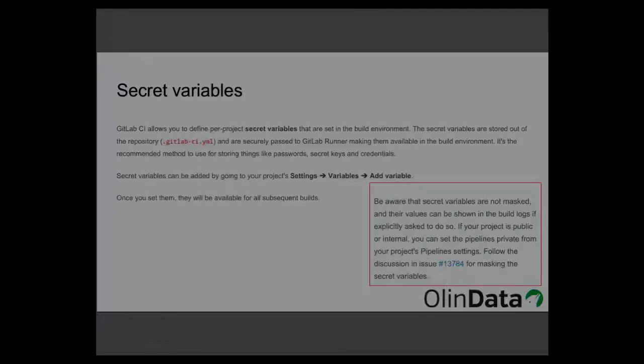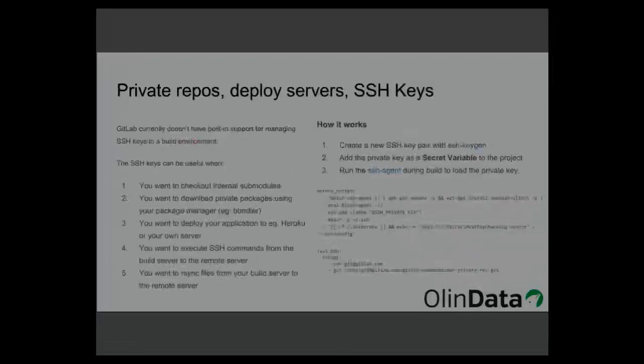To go a little bit more advanced, you'll fairly quickly probably run into a place where you say, hey, but I want access to this private repository. And the Docker runner, or the GitLab CI runner, does not have special privileges to access your GitLab instance.